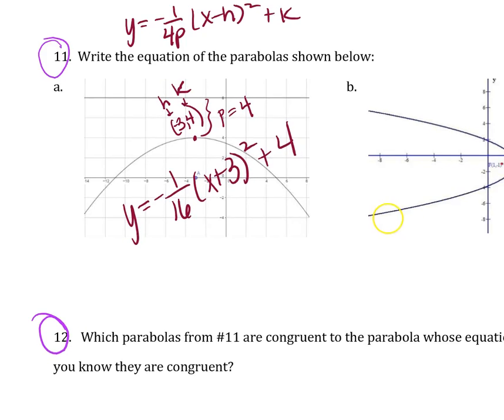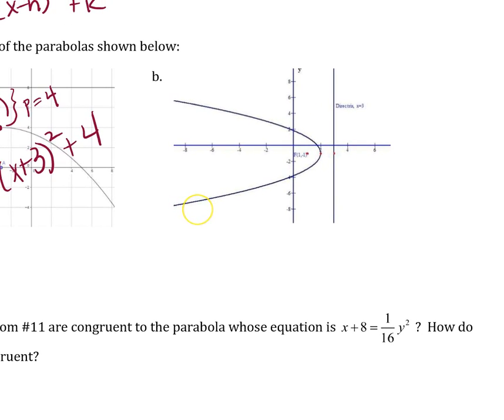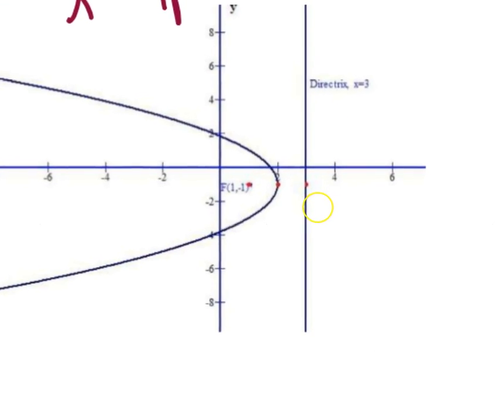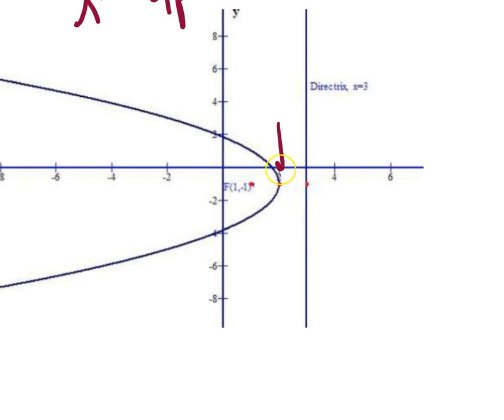All right, at the same time, there's a parabola like this where it's sideways. This is your key that's going to be an x equals equation. Since it's opening negatively, it's going to be negative 1 over 4p. Okay, so it looks like my p-value, so let's see. My vertex here looks like it's at 2 and negative 1.